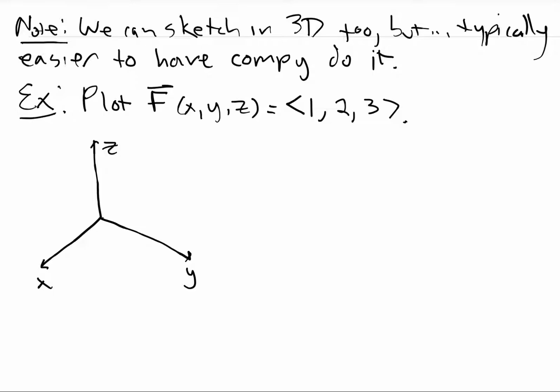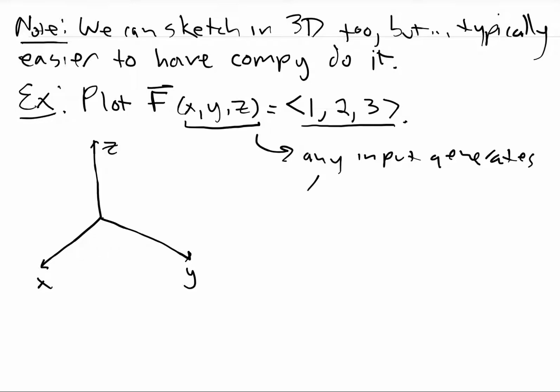But at any rate, I'll give you guys an example of this, a relatively easy one to do by hand. That's a three-dimensional vector field. This is a constant vector field. What this basically says is no matter what x, y, z you shove into this, you'll notice there are no x's, y's, or z's over here, so pretty much any input is going to generate a 1, 2, 3 output.